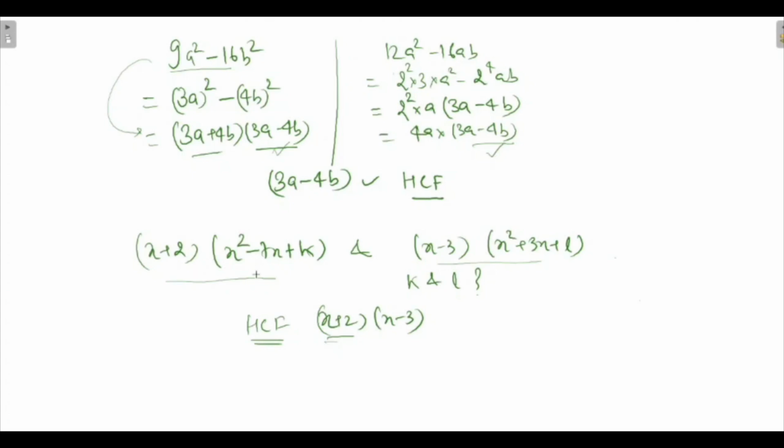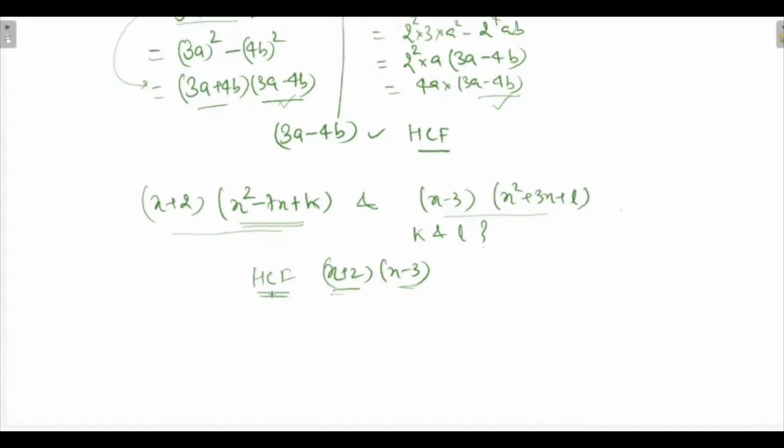So somehow this thing, x square minus 7x plus k, is having a hidden factor x minus 3. Then only I'm able to take this common. Similarly, on this one, this has got x minus 3, but I'm not seeing x plus 2 here, so somehow this is also going to have x plus 2 as a factor. So this problem is reduced to what we learned in the last class, that x square minus 7x plus k is divisible by x minus 3.